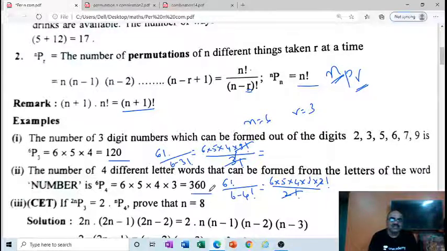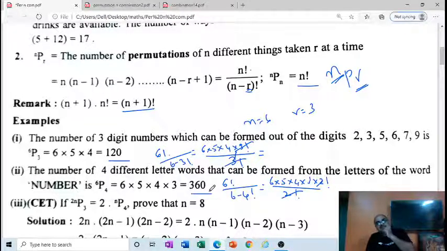We arrange the terms based on certain conditions in different manners. Both the examples are so clear. In the first we took 6 numbers and 3 numbers were put together like 2, 3, 5; 3, 5, 6; 5, 6, 7; 6, 7, 9; 7, 9, 2; 9, 2, 3, like this.